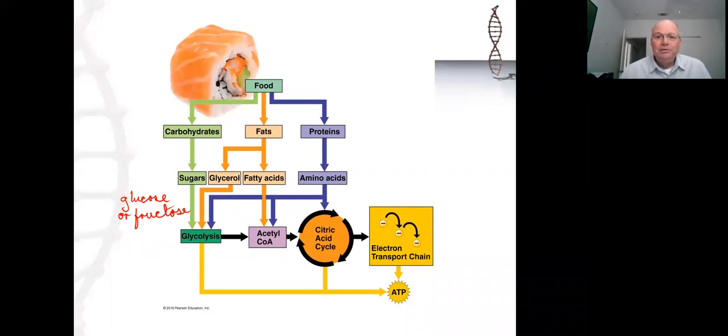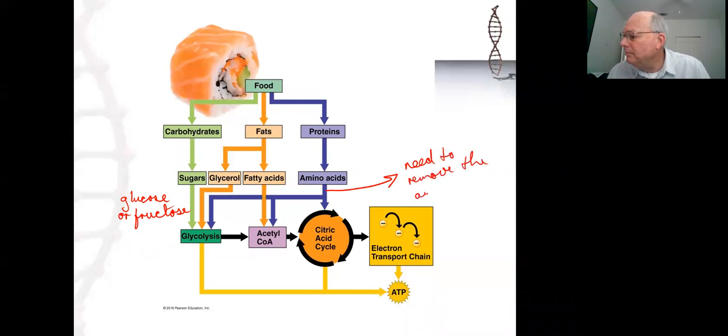When it comes to the proteins, in order to be able to process the proteins, we need to remove amine groups, because the amine groups turn out to be toxic to some of the enzymes in the cell respiration pathway, specifically the citric acid cycle.